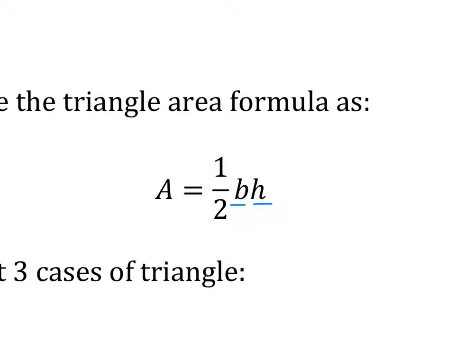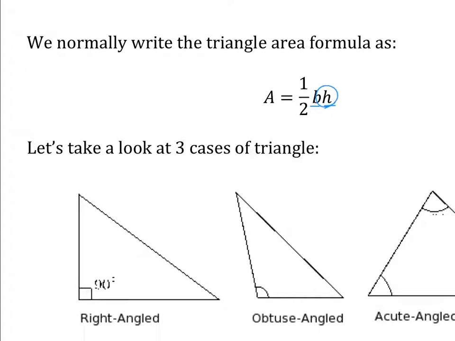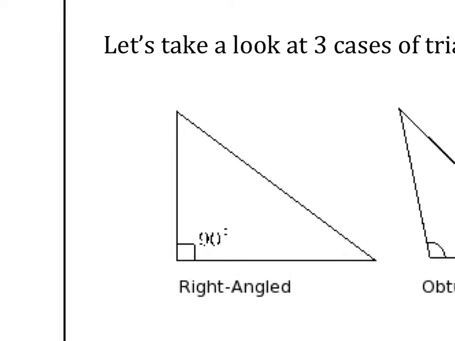The height is a very special length. Yes, height has to be perpendicular to base. If it's not perpendicular to base, you have to find the line that is going to be perpendicular to the base. So for example, if it's a right angle, then it's just base times height, and then divide by 2.